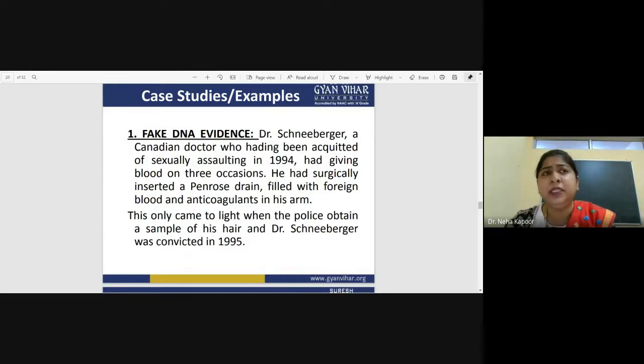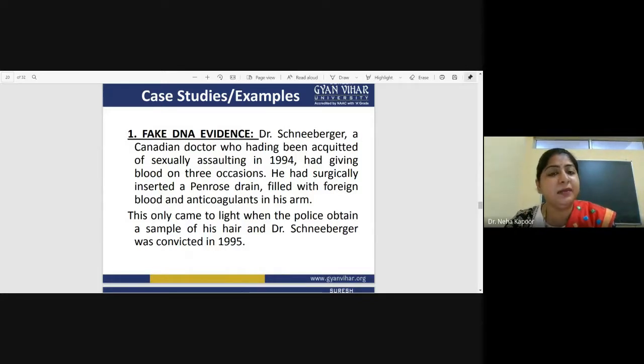He gave blood samples, and at that time they found that he was not the culprit. But after thorough investigation, they came to know what he did. He surgically inserted a penrose drain filled with foreign blood and anticoagulants in his arm. So when the forensic team took the sample, the foreign blood was taken out, not his blood. So he was faking the DNA evidence.